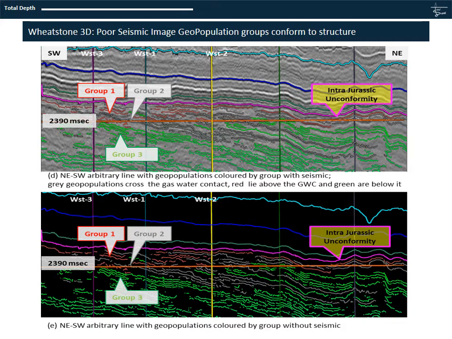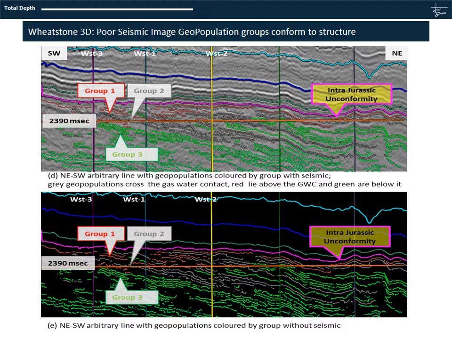Now, looking back at Wheatstone, the upper panel shows a seismic data set, and we have three groups of surfaces sitting below that IJU unconformity. Group 1 consists of red surfaces that highlight the short, smaller populations that terminate at 2390 milliseconds.